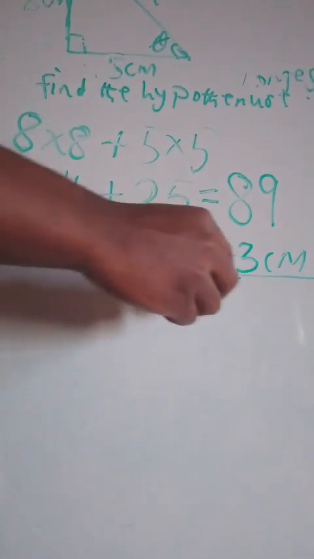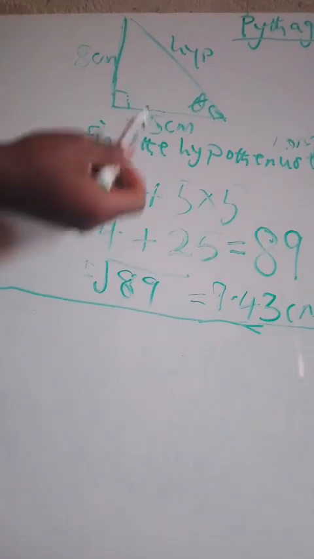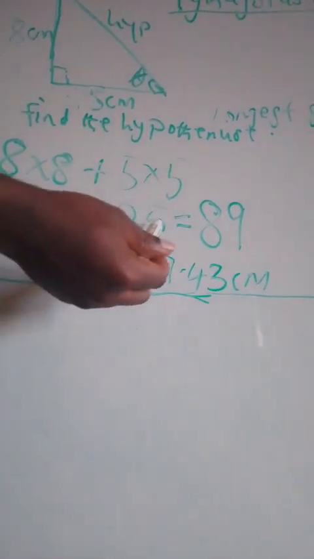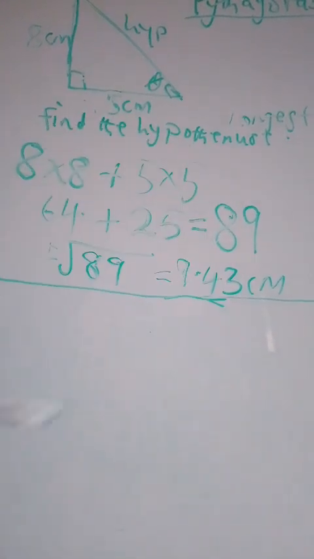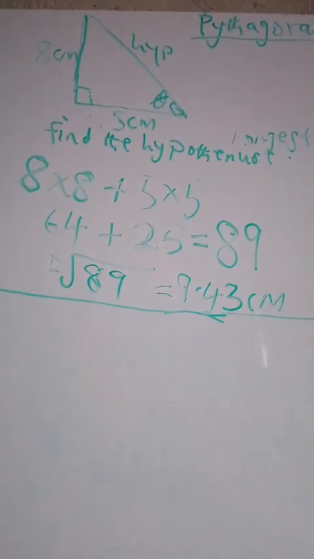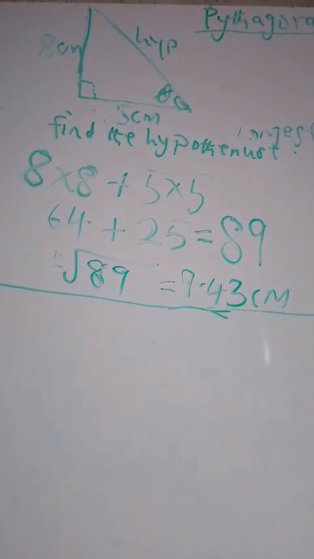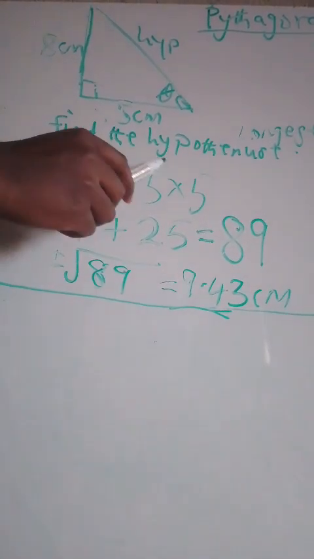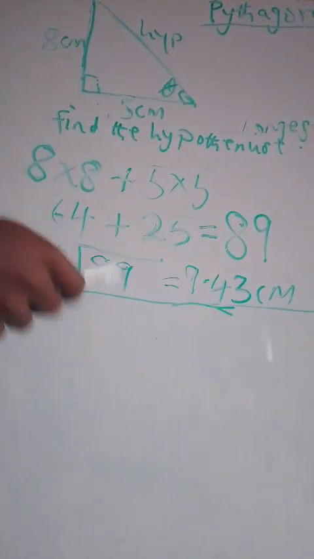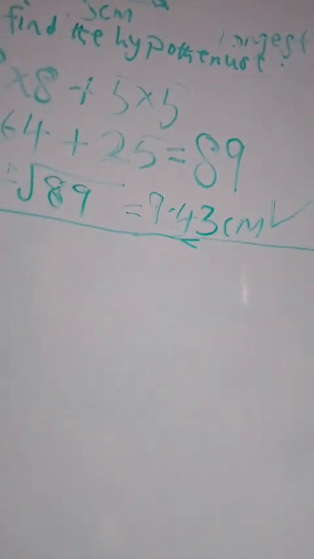Let's put the cm. As you can see, this is 8 times 8, this is 5 times 5. Add it together to get 89, then you find the square root. Step 1, add. Step 2, find the square root. So just add them together and then find the square root, and you get your final answer.